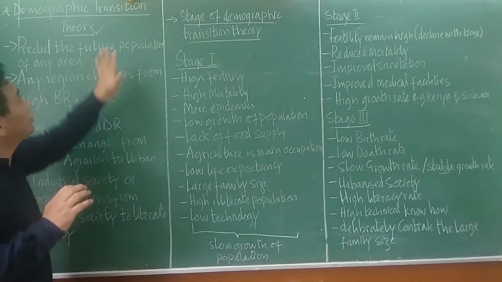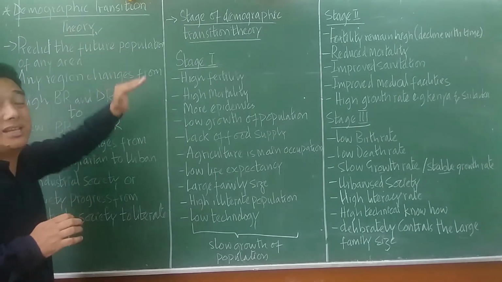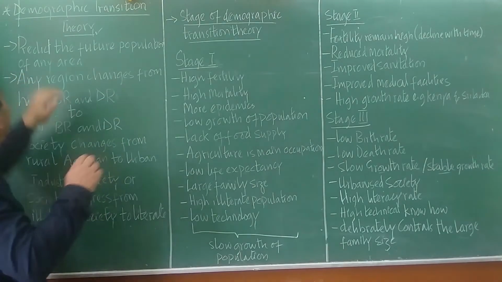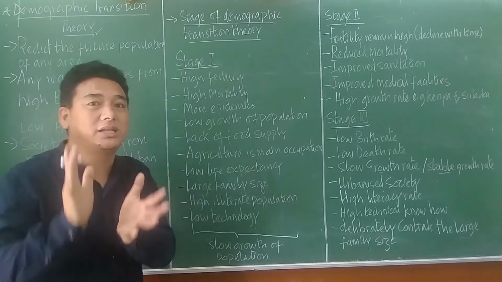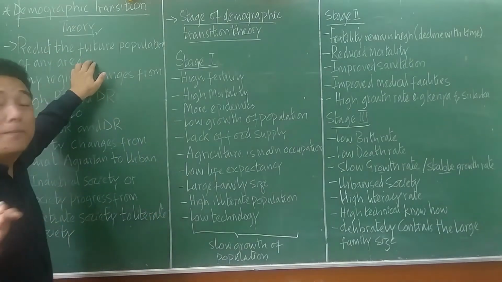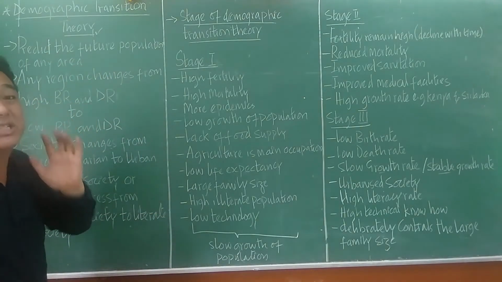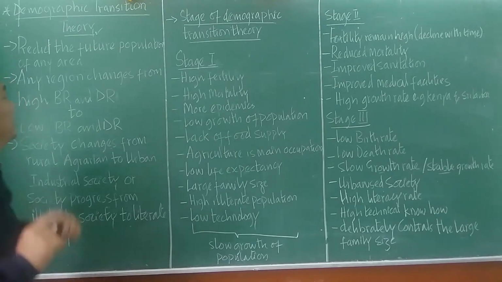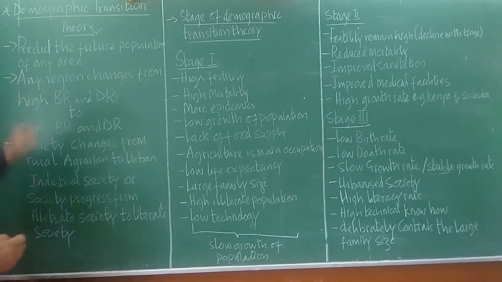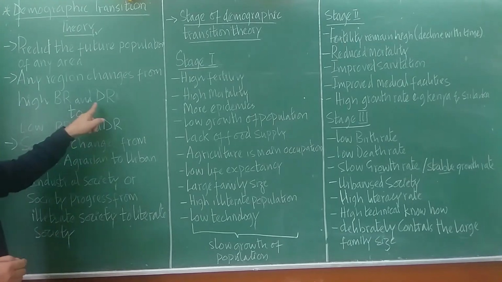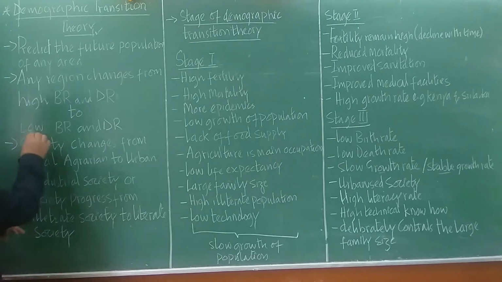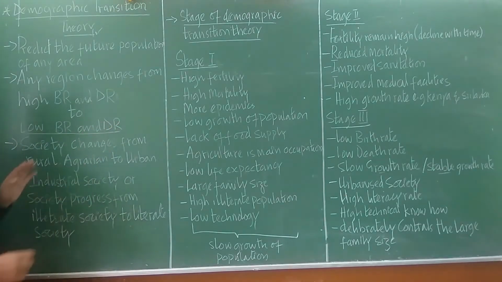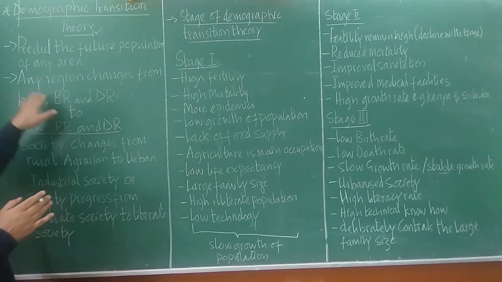So what is the use of this demographic transition theory? It predicts the future populations of any area, such as changes in gender, and how the population changes from high birth rate and high death rate to low birth rate and low death rate.